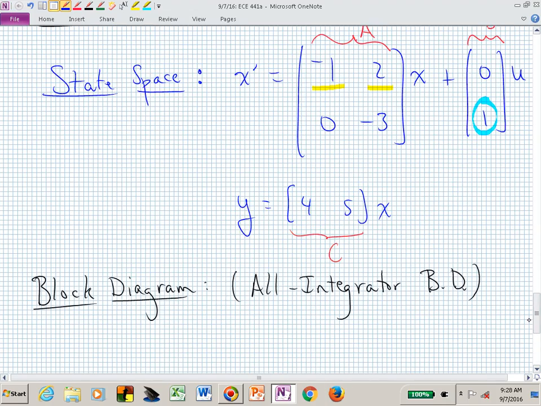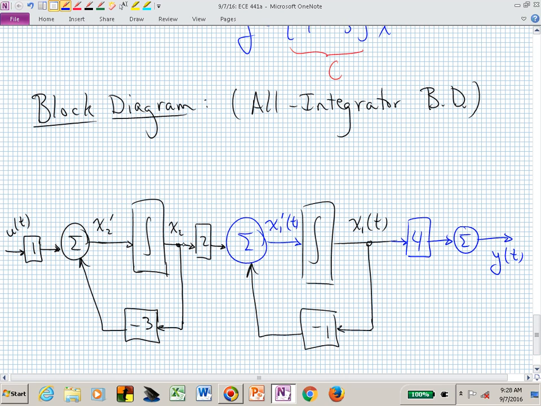And I need 5 x sub 2s. So I come over here and I pull that off before it gets scaled. There's x2. I scale it by 5. And there's my block diagram.